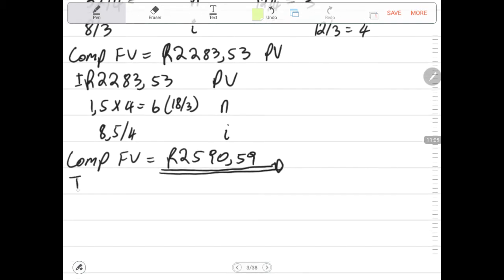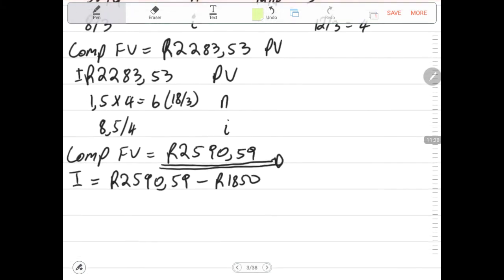Then the interest that is earned on this investment will be the future value, 2,590 Rand 59 cents, minus the initial investment of 1,850, if I'm not mistaken. Yes, 1,850.